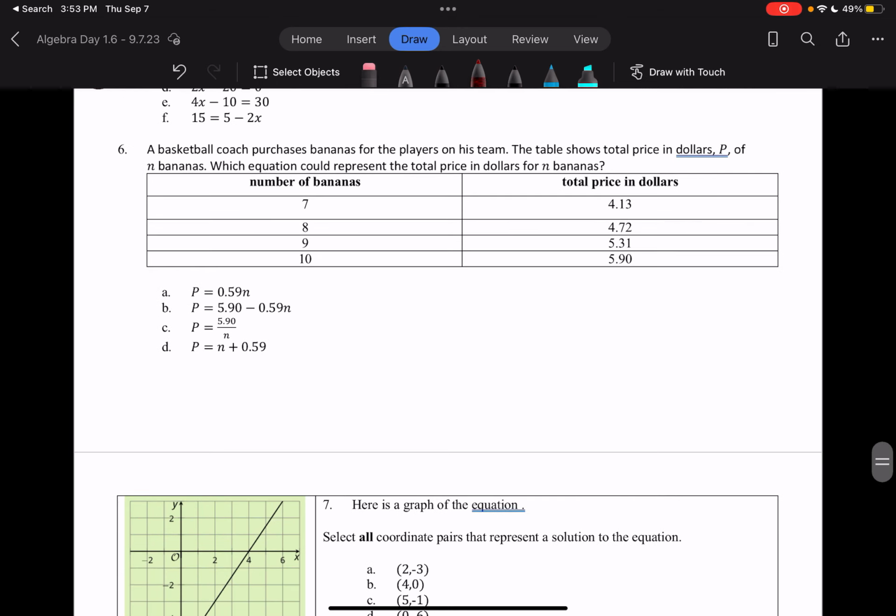Number 6 says we have these bananas and we have the price, and we want to know how can we represent this situation in an equation. So we have $4.13 gives us 7 bananas. So if we want to figure out how much each banana is, let's go ahead and divide by 7. So if you have $4.13 divided by 7, that's going to give you 0.59.